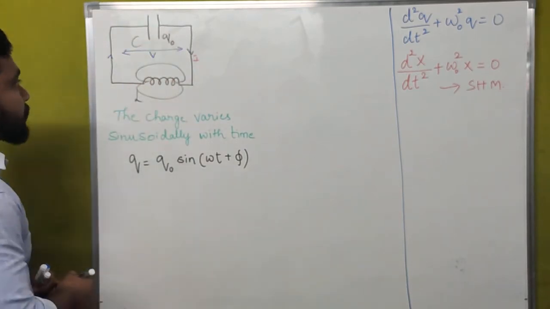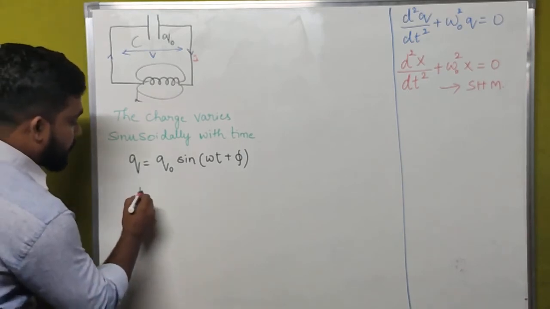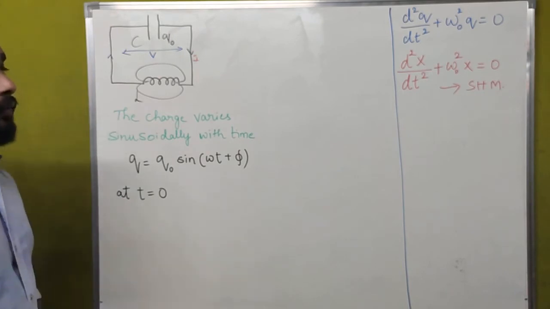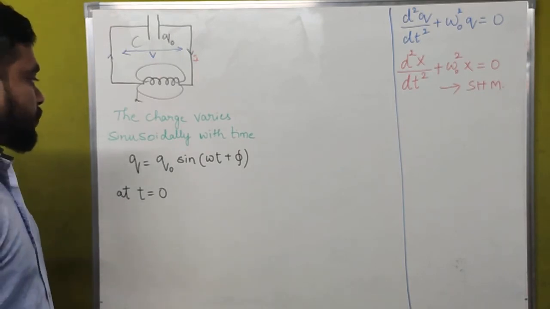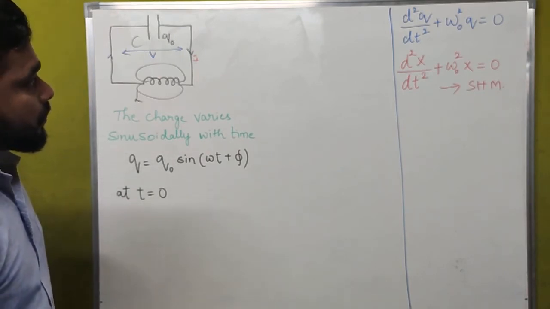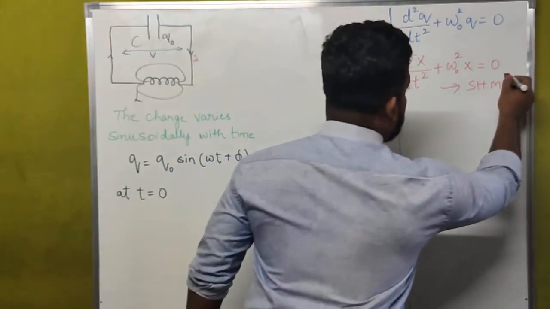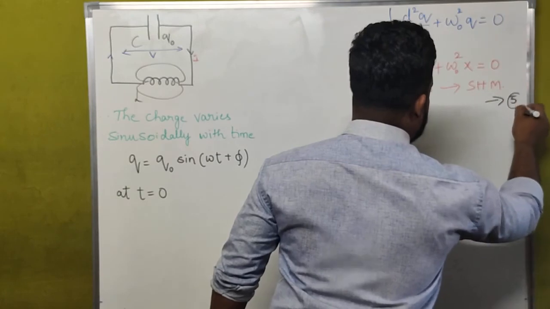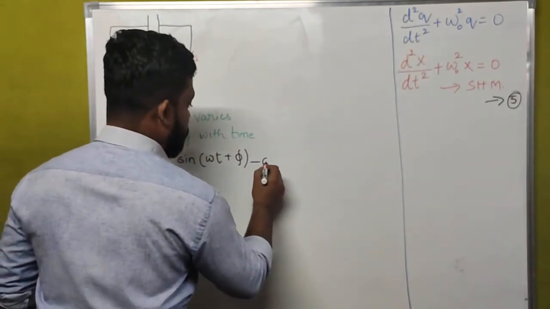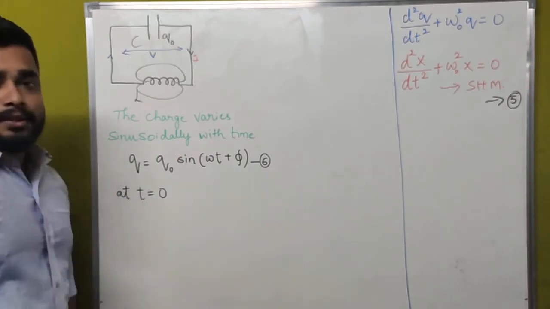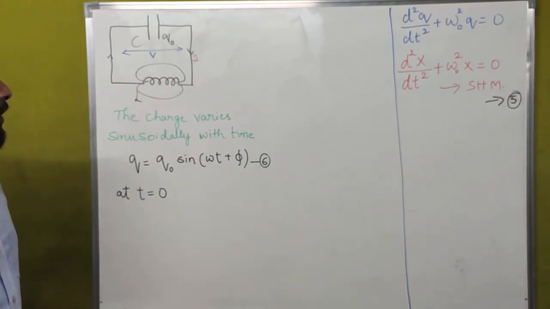For that, we have to consider time t is equal to 0. Let us assume this as equation 5 and this as equation 6. Let us assume this equation as equation x.